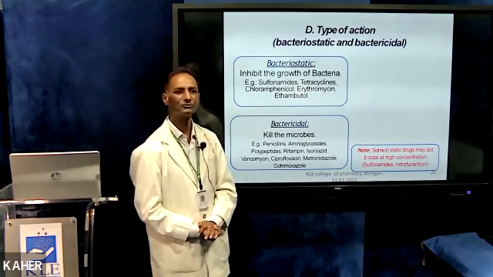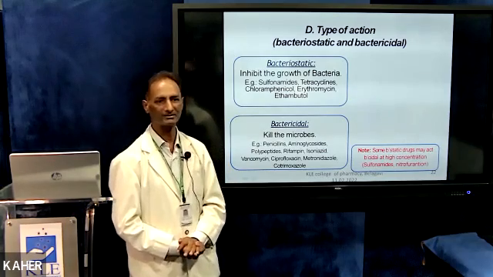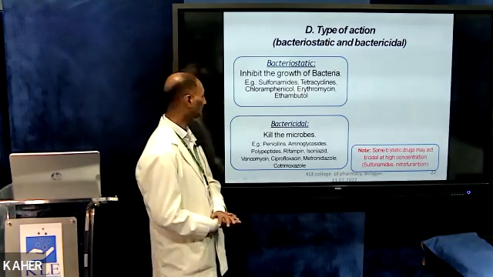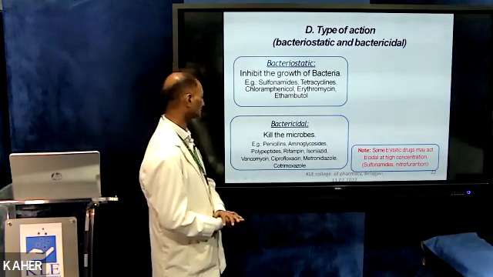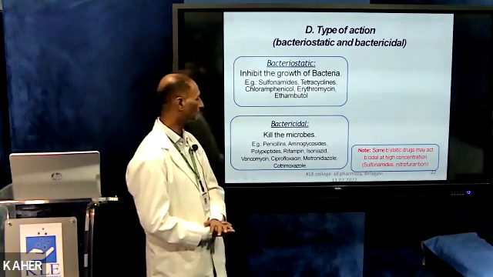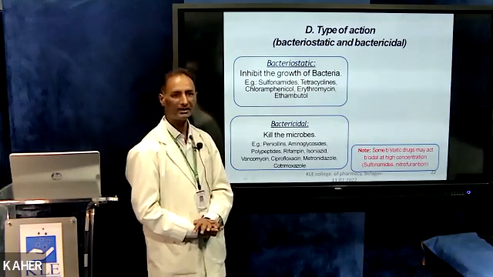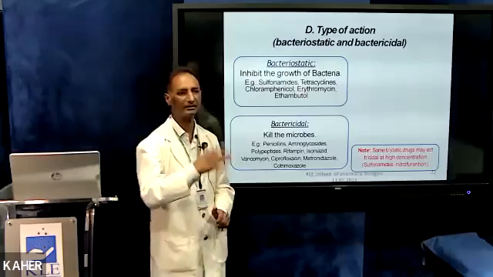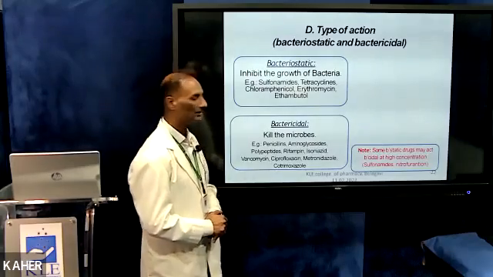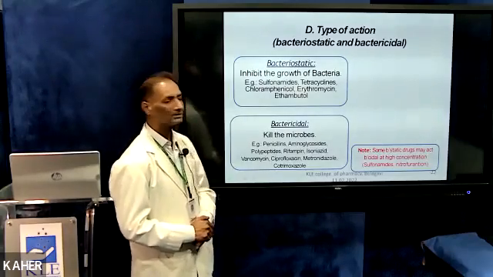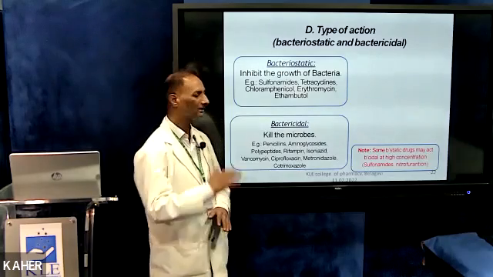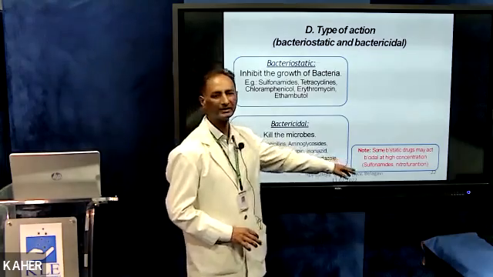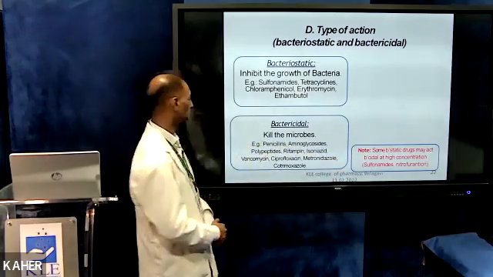And cidals, which can kill the microbes, like penicillins, aminoglycosides like gentamicin, amikacin, polypeptides, rifampicin, isoniazid, vancomycin, ciprofloxacin, metronidazole, and cotrimoxazole, that is the combination of trimethoprim and sulfamethoxazole, in a 1:4 ratio. So sometimes, if the concentration of a bacteriostatic drug is increased, it will act with cidal-like actions.